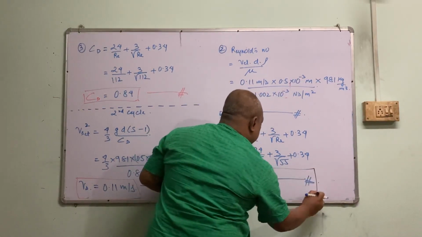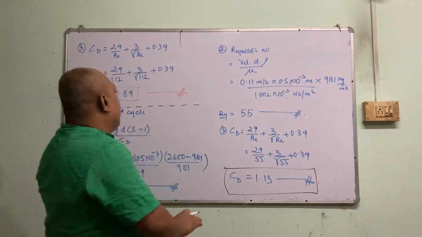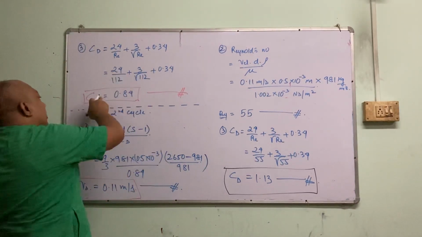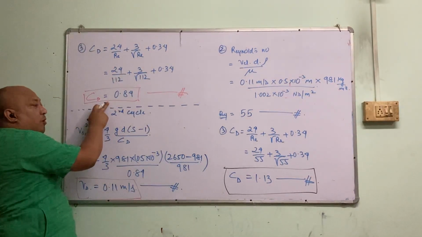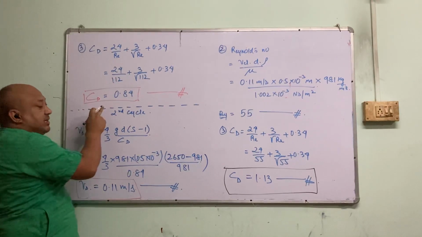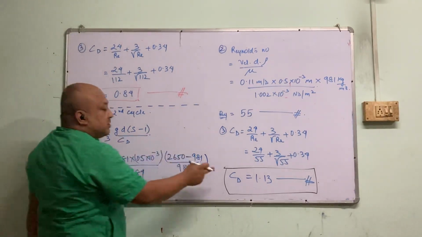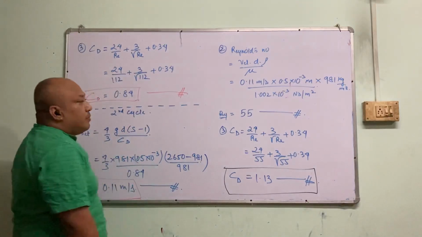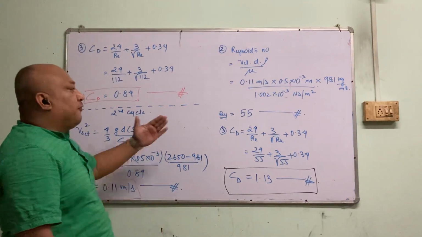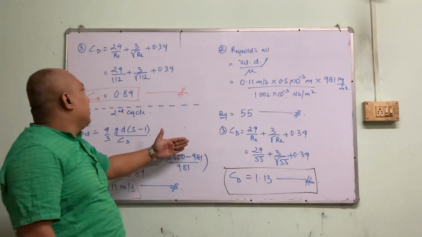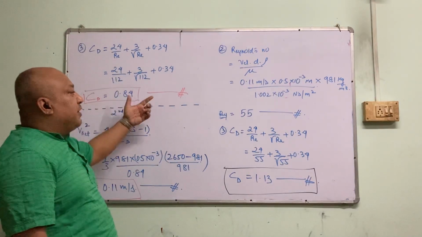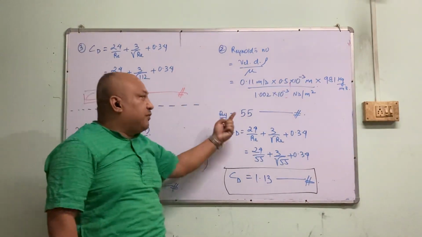Okay. So here in the first cycle, we got CD equal to 0.84. In the second cycle, we got CD equal to 1.13. But one thing is common, the flow is transitional, because the Reynolds number in the previous was 112, now it is 55.